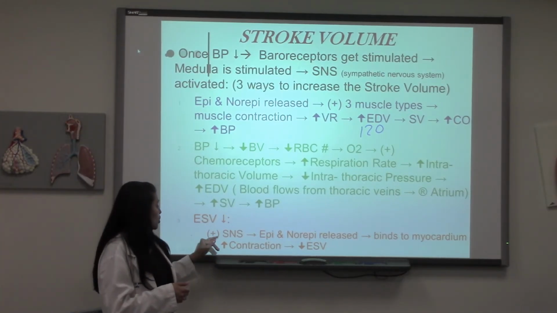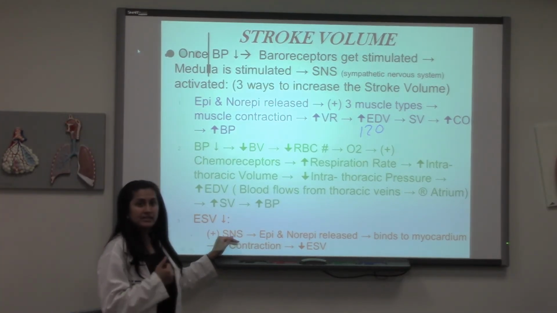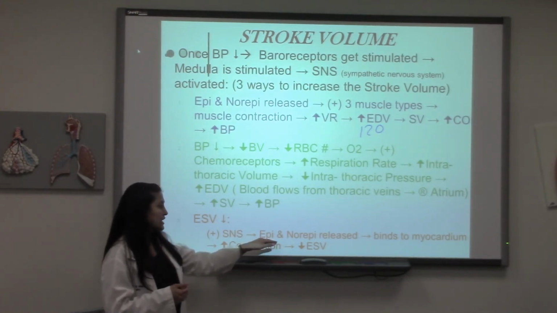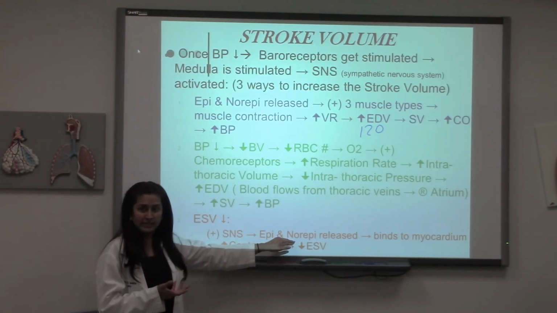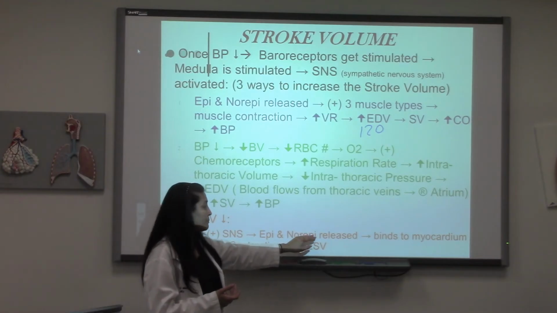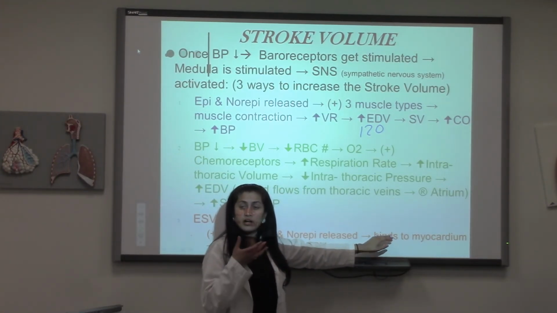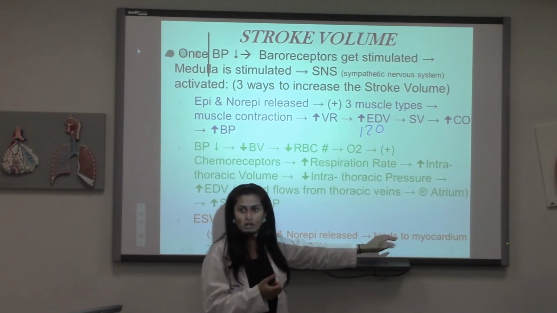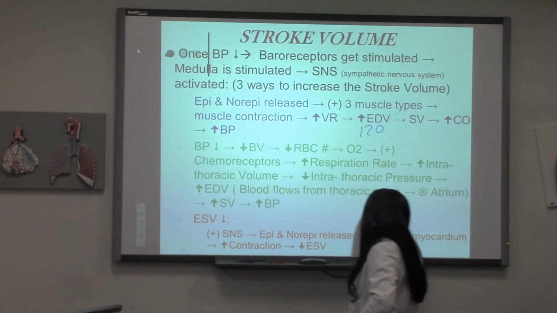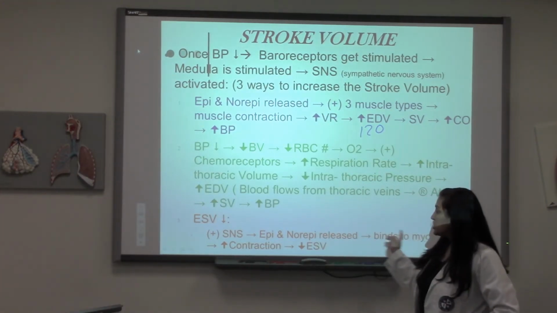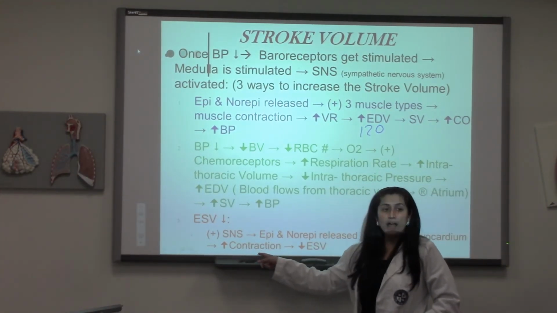Okay? So when the sympathetic nervous system has been activated, it causes epinephrine and norepinephrine to be released. Epinephrine and norepinephrine in turn bind to your myocardium, the muscle that actually causes contraction of the heart. Once the myocardium has been stimulated, it increases contraction.